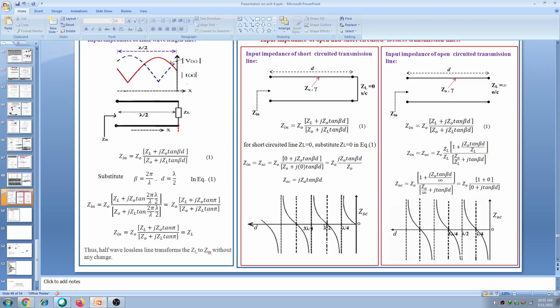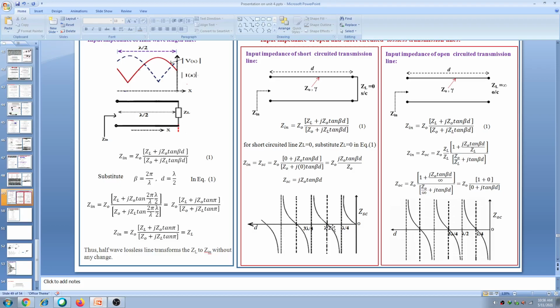Do not confuse: this horizontal axis is the distance, that is, we are measuring at different distances over the transmission line. If you plot this as a function of D, substituting different values of D, we get a plot like this. First it increases, reaches a maximum, and then inverts at infinity.